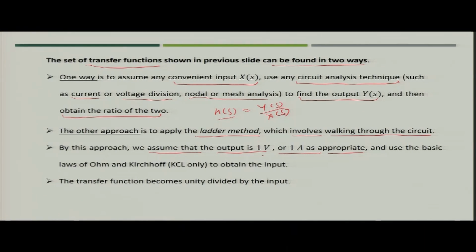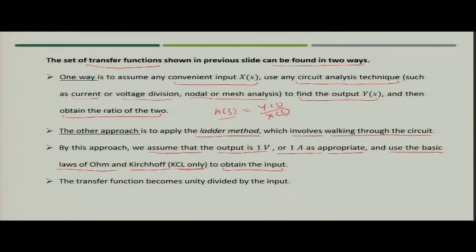So, it means that we will assume, say, 1 volt or 1 ampere as the output of the circuit, and then we use the basic laws of Ohm and Kirchhoff. Generally we use only Kirchhoff's current law because it is more convenient in walking through the circuit, and then we obtain the input.